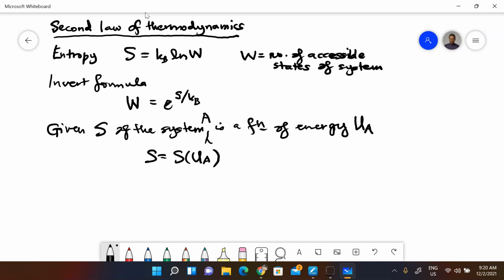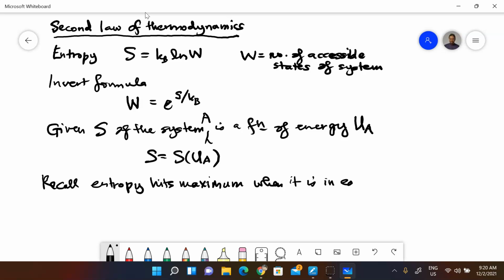Okay, recall, entropy hits maximum when it is in equilibrium. So this we know from the past lecture also.